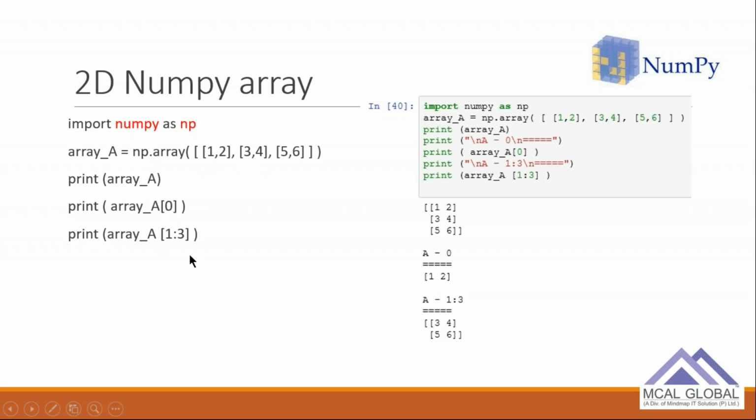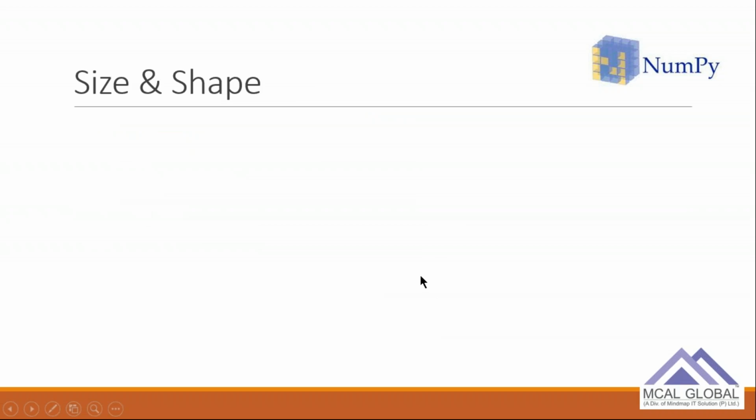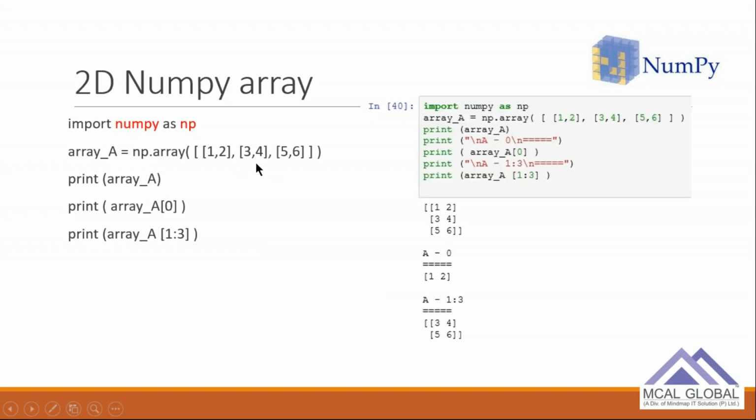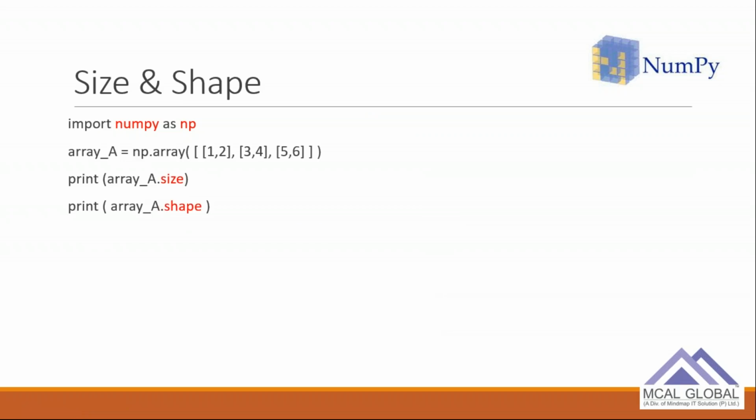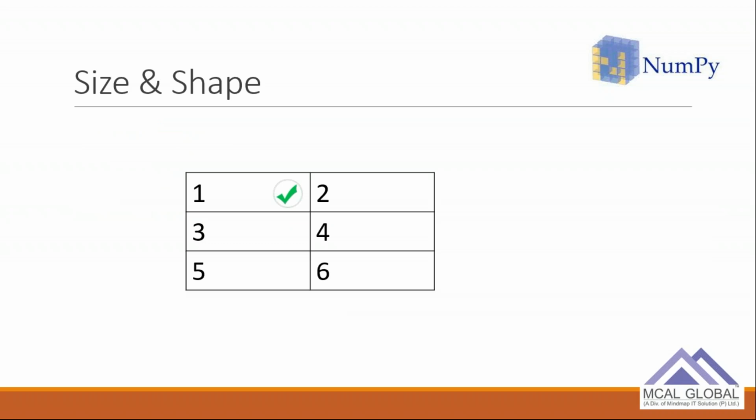If you give 1 to 3, it will print 1 and 2, but it will print the whole row. It doesn't understand which number you want, because you have not mentioned it. If you want to access 2, I've already told you, you keep 1 here. That's what we saw in our Anaconda notebook. Nothing special here.